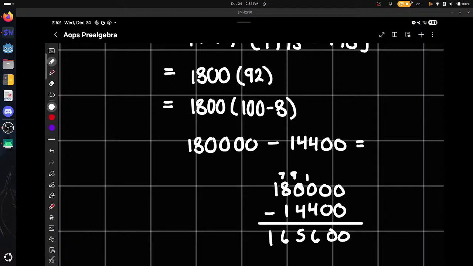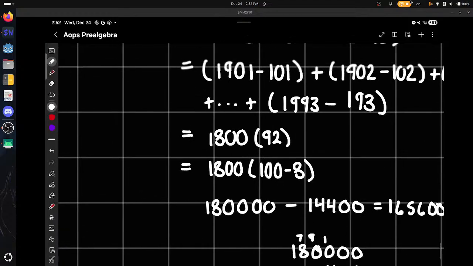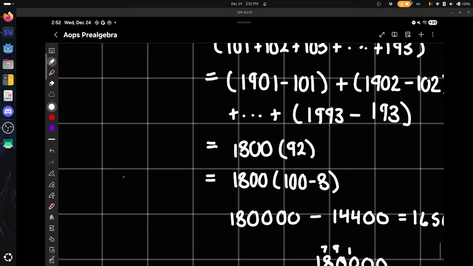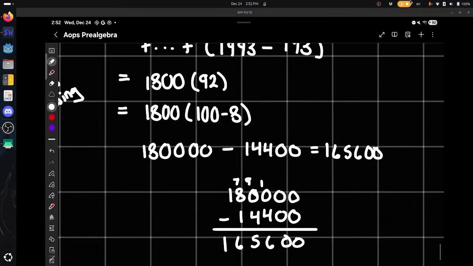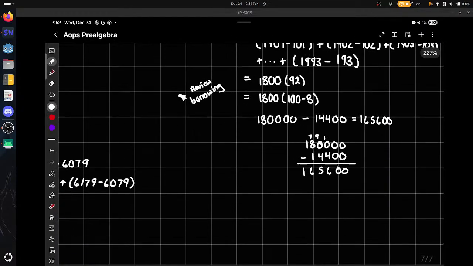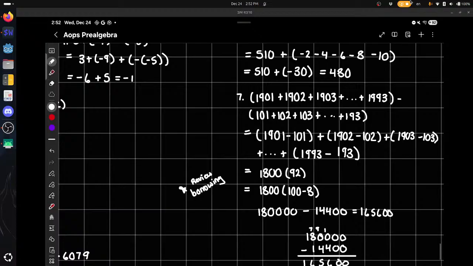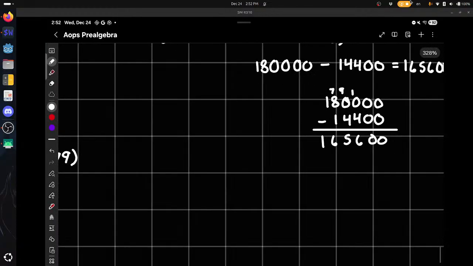So this becomes a 6. Guess that's our final answer. But this is a reminder that I forgot how borrowing works in subtraction. Review. I think that's wrong, but I don't really know. I think it's 92 numbers in there. But yeah, let's move on.